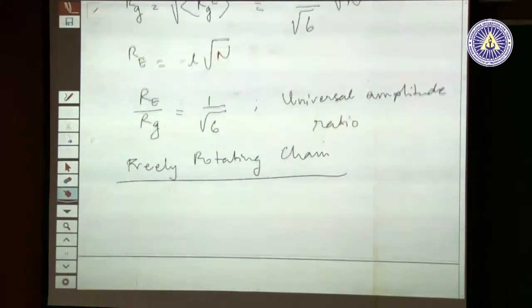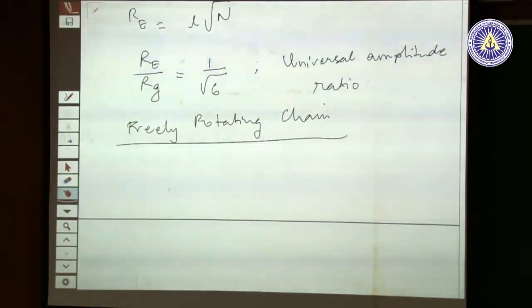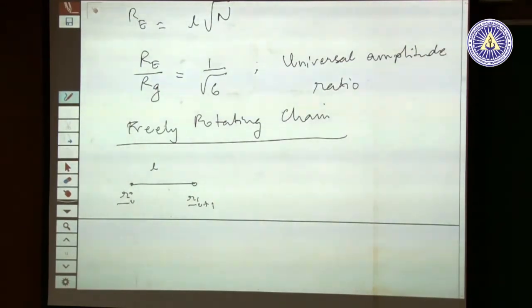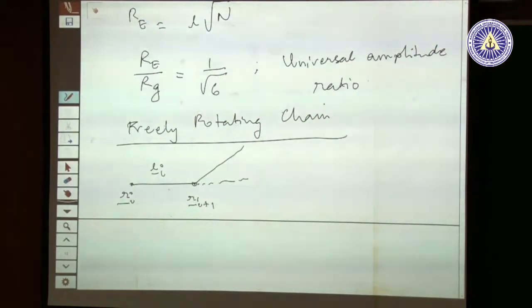Okay, and what is a freely rotating chain? Okay, let's draw it here. So imagine this is one bond, and we'll say this is Ri and this is Ri plus 1. So this is Li, the bond vector. Then the next one we are saying can take any direction here. So this will be Ri plus 2, but it's free to rotate with this angle theta.